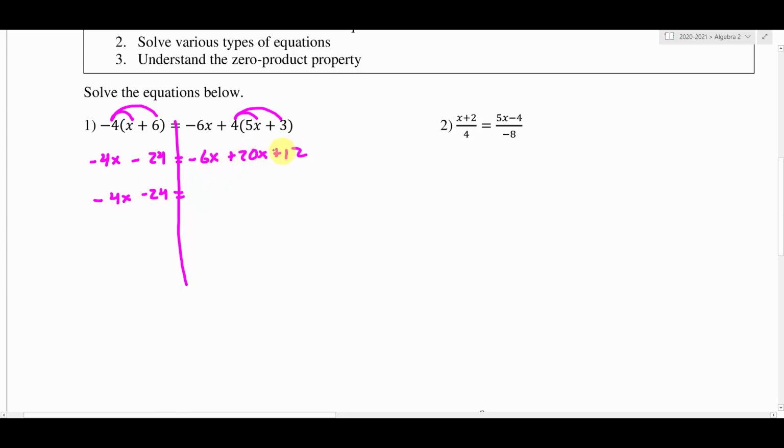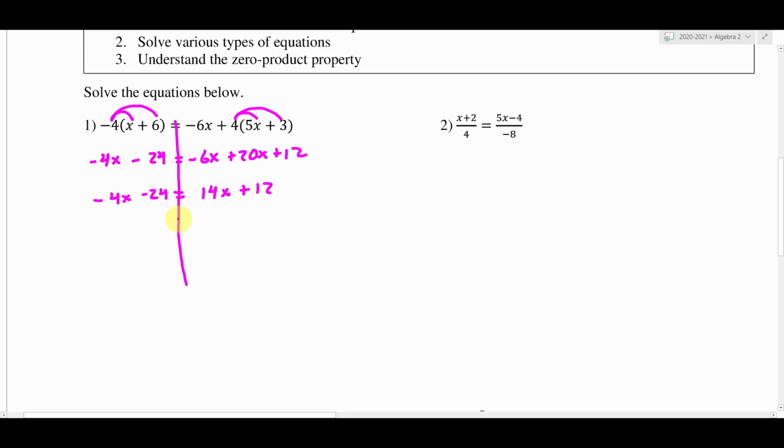Now over here I have a -6x and a +20x. I can combine those two because they both have an x. So -6x plus 20x gives me +14x. And then I still have this plus 12 on the end. Okay, so now this is where we're at. It's going from a big mess to something that's looking a little bit neater, a little bit more compact.